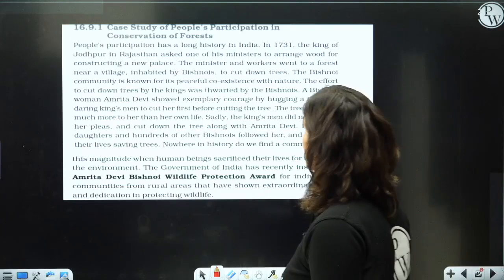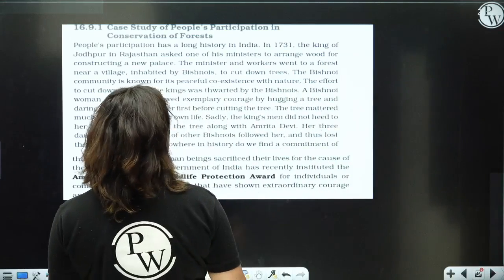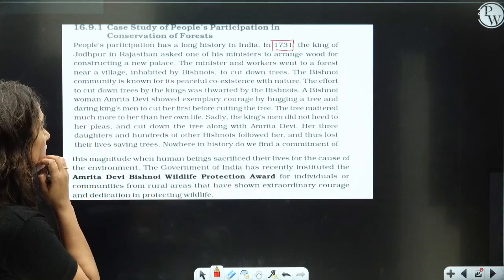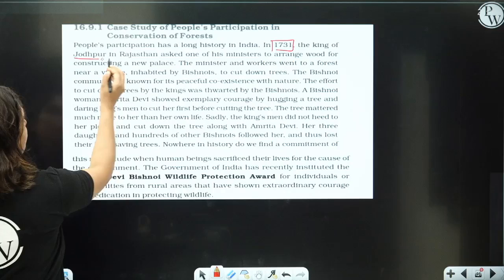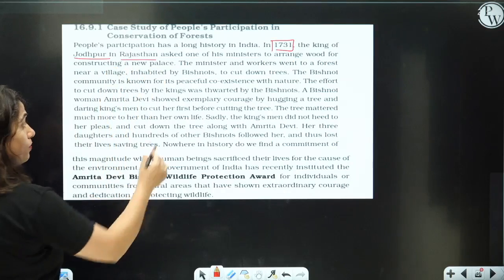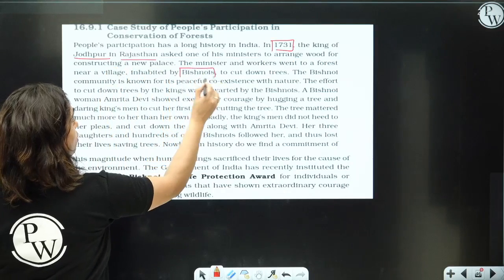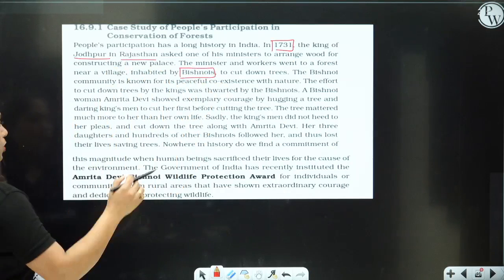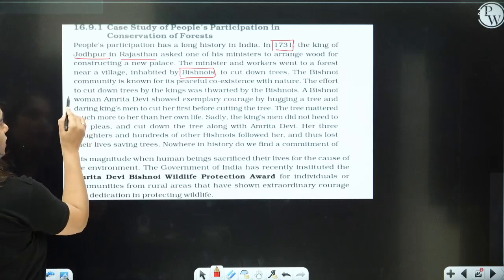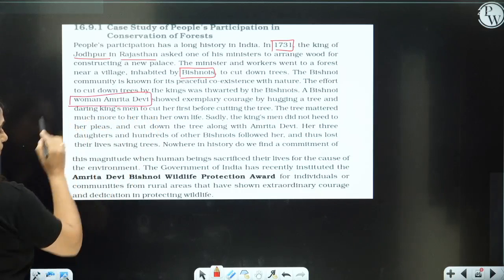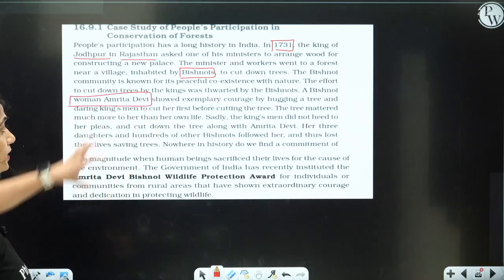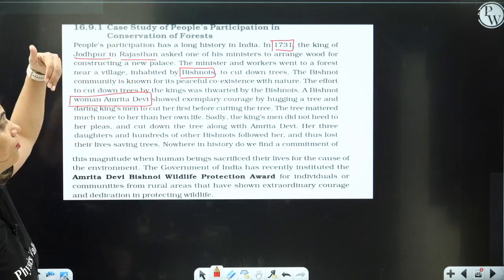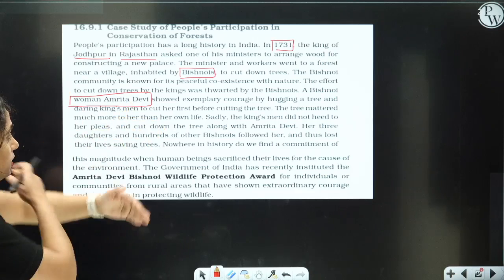Now there are certain case studies. In the year 1731, in Jodhpur of Rajasthan, there was a very important community called the Bishnoi community. There was a very important woman in the Bishnoi community, Amrita Devi. The king of Jodhpur went on to cut the whole forest.